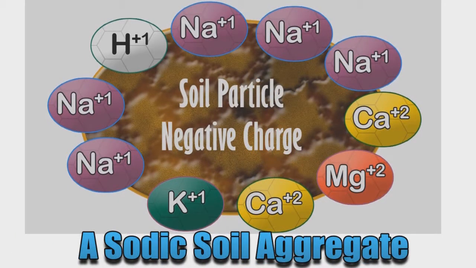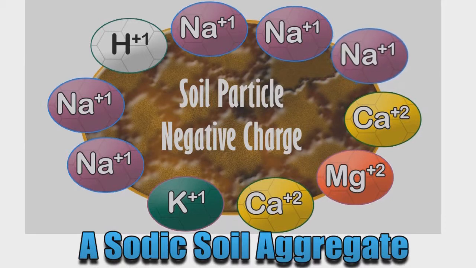In contrast to saline soils, sodic soils have excessive levels of sodium ions adsorbed at the cation exchange sites. Soil sodicity is not an excessive salt problem, but it is an excessive sodium issue.